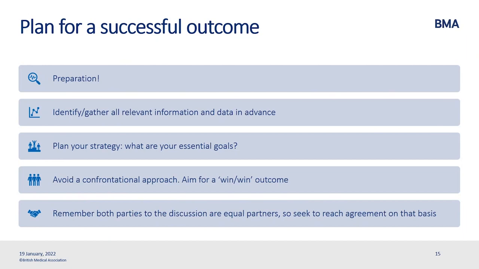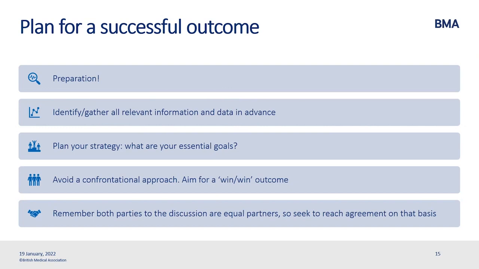So this will include any previous job plan that you have agreed previously, any job plan proposal provided by your clinical manager, your job plan diary or your Doctor Diary reports, a list of your existing clinical responsibilities, any previously agreed additional duties, proposals for SPA, details of proposed external activities, details of your private practice, any clinical governance or audit issues, your objectives linked to your PDP, and also any ideas that you may have for improving the service.